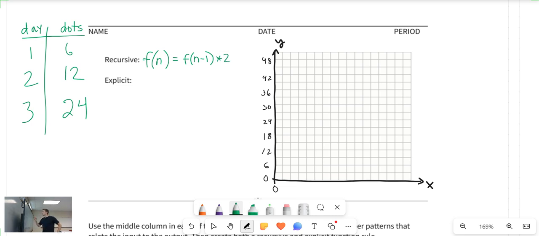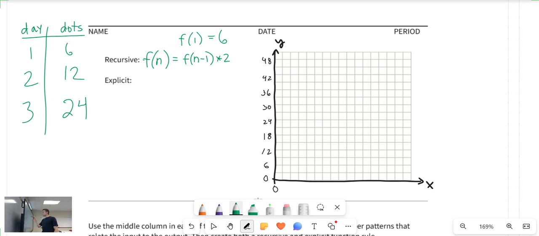It's going to be that same thing. We just have to make note that f of 1 is a little bit different. F of 1 in this case equals 6 instead of equaling 2. So it equals 6.